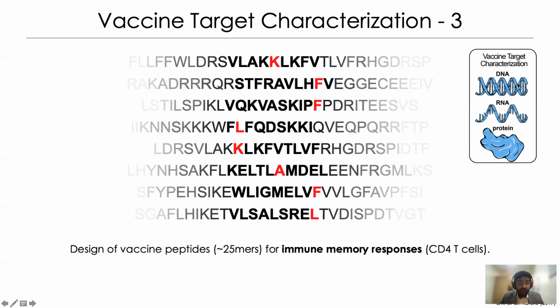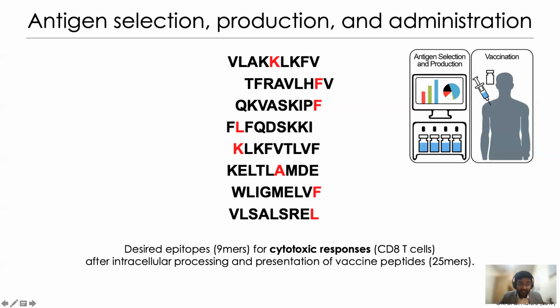But then after further degradation, we would want smaller epitopes as well, which are the desired epitopes or 9 MERs for cytotoxic responses in CD8 T cells, after intracellular processing and presentation of these vaccine peptides. In general, however, it is not known as to what these small 9 MERs are and how big these 25 MERs would be.